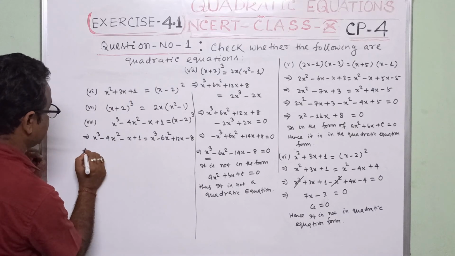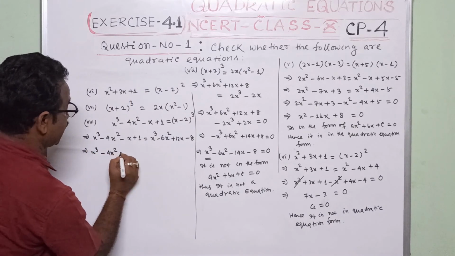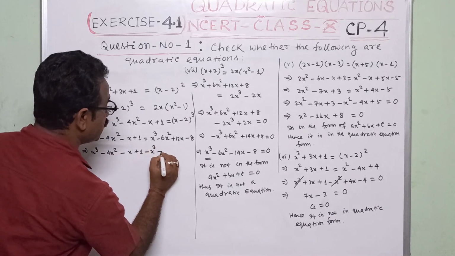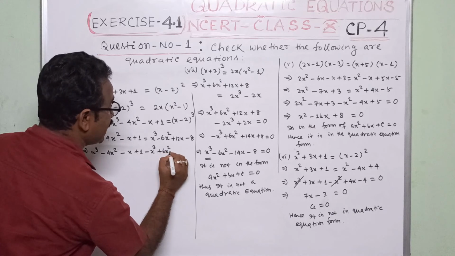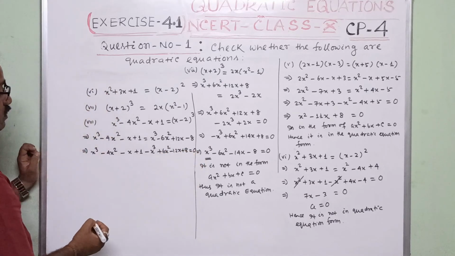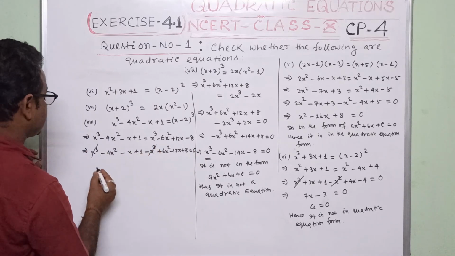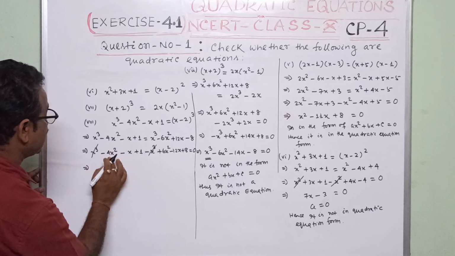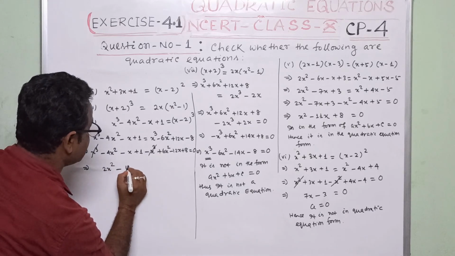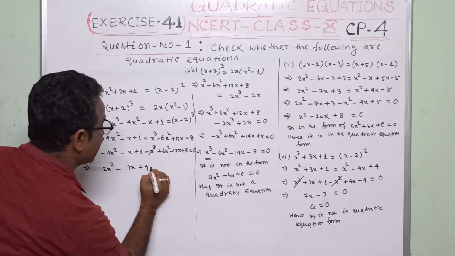So that implies x cube minus 4x square minus x plus 1 minus x cube plus 6x square minus 12x plus 8 is equal to 0. Now x cube cancelled. What are we getting in x square? 6x square minus 4x square, getting 2x square. Now minus 13x plus 9 is equal to 0.